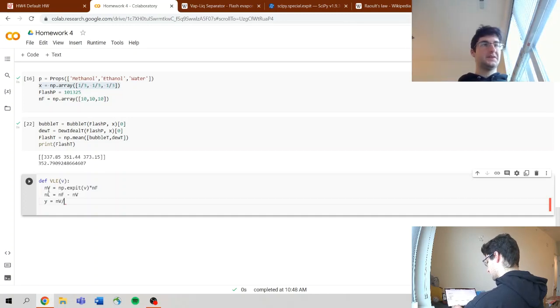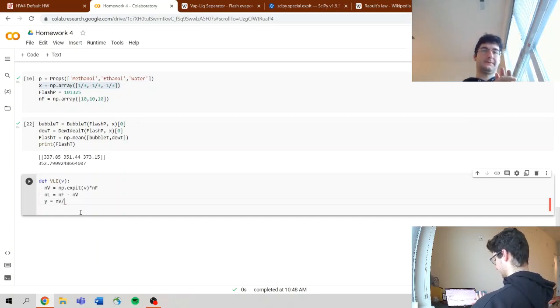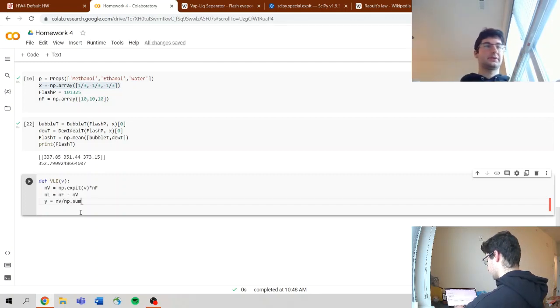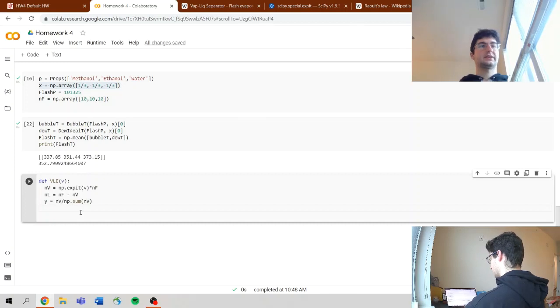So remember, NV is a 3-element array with each one showing the moles of one of the components. So actually, what we want is to use NV divided by sum NV. What that'll do is sum up all the moles in vapor and divide each component by the sum of them.